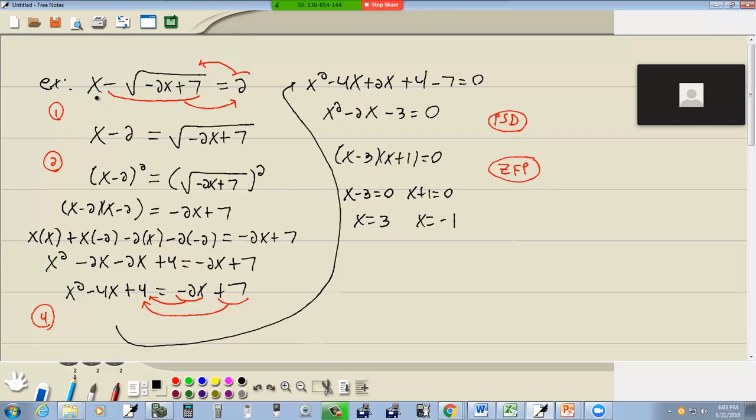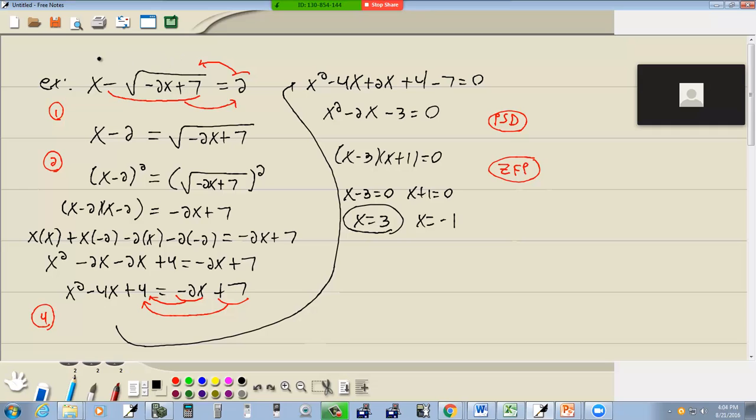If I put 3 back up here, that's 3. Negative 2 times 3 is negative 6, plus 7 is 1. Square root of 1 is 1. So then we'd have 3 minus 1, which does give us 2. Now negative 1. If I put negative 1 here, that's negative 1. Negative 2 times negative 1 is positive 2, plus 7 is 9.